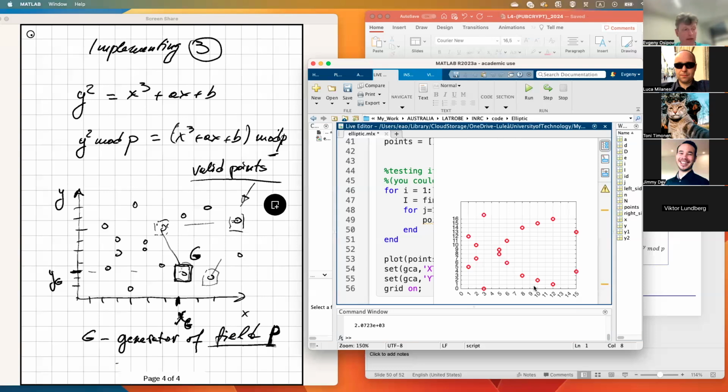And now, again, I will skip the actual derivation of these rules.